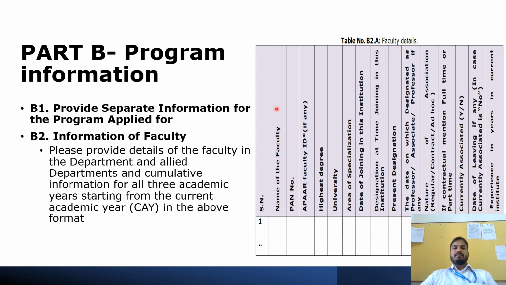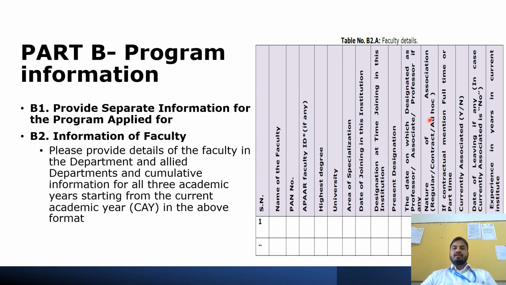If you look at this table, you have name of the faculty, PAN number, APAR ID only if it is available, then highest degree of the faculty, university, area of specialization, date of joining the institution, designation at the time of joining, and present designation, the date on which designated as higher order like professor, associate professor, or assistant professor, any of those.